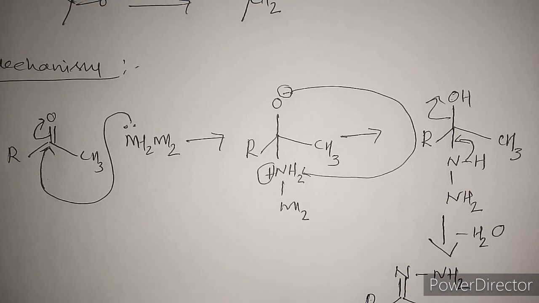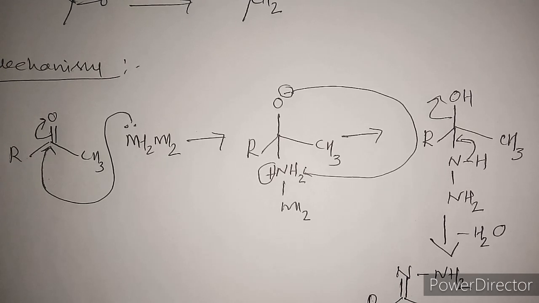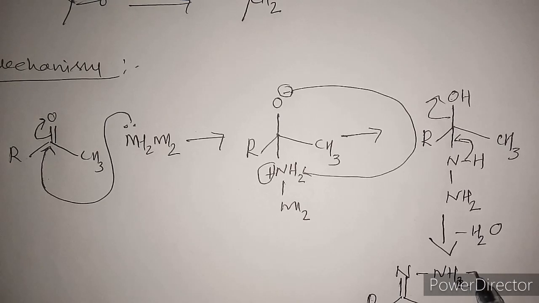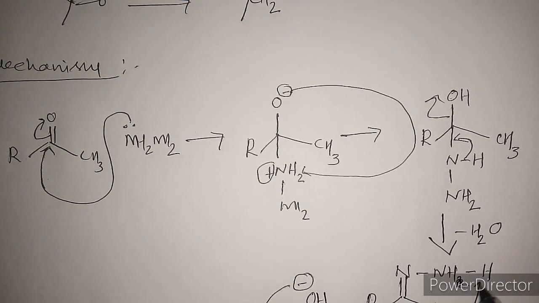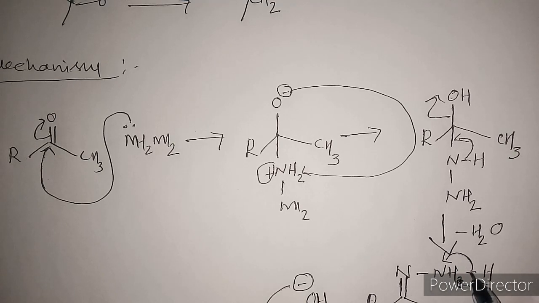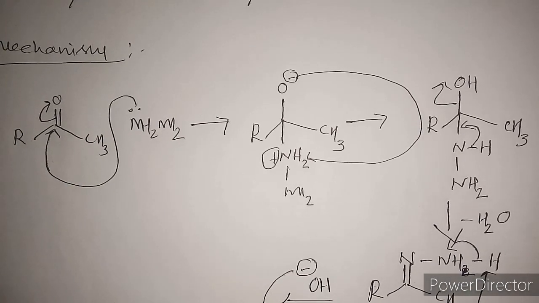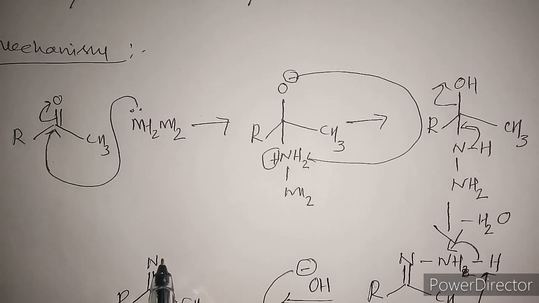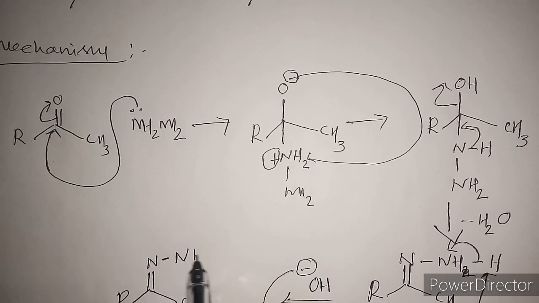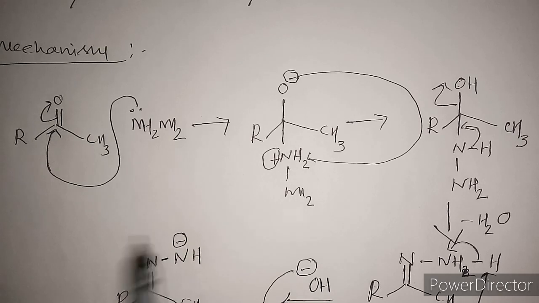Okay, so now after this step we have OH minus, we added KOH. This OH minus subtracts the H from the NH group, and this bond breaks and shifts, the electrons will be shifted to nitrogen. So we will get R, CH3 double bond NH minus.